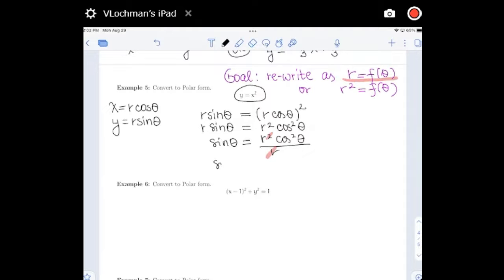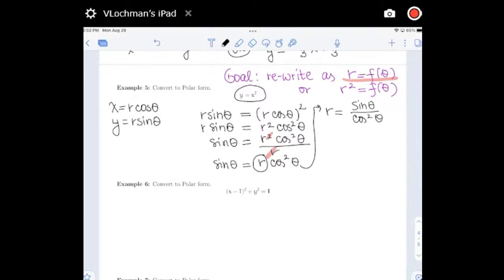And now we have sine theta is equal to r cosine squared theta. Okay, now we can solve for r. Let me go over here. r is equal to sine of theta over cosine squared theta.